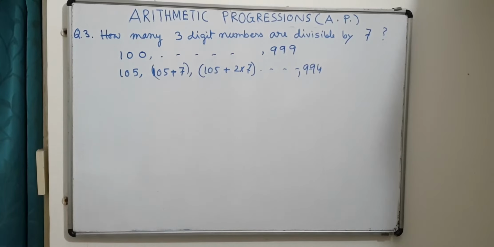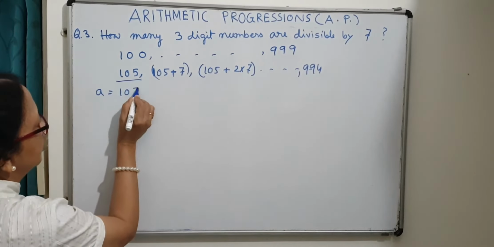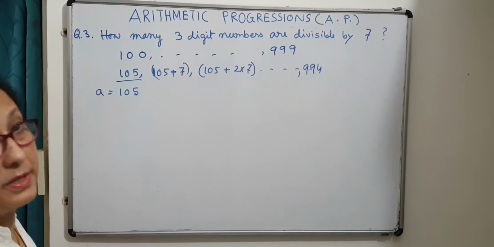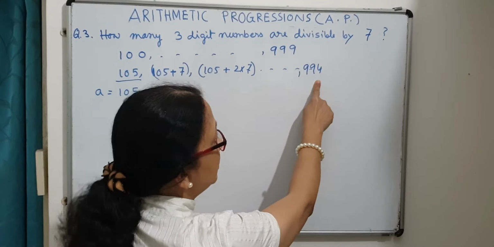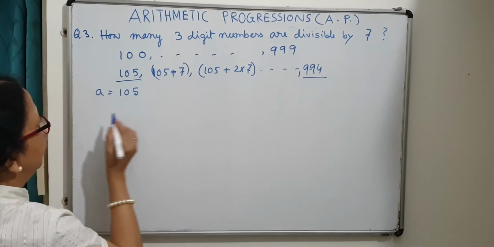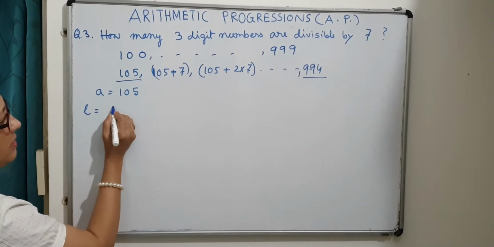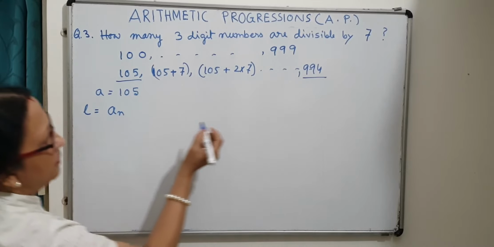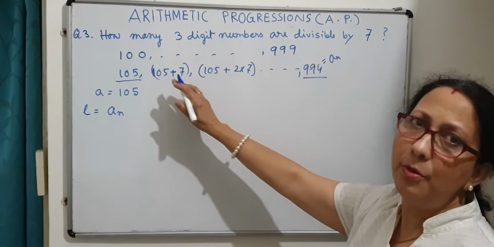So now we know the first number, that is our A. The first 3-digit number which is divisible by 7 is this, and the last 3-digit number which is divisible by 7 is 994. Sometimes the last number we write as L, or sometimes we write it as AN, that is, the nth term, because I don't know how many numbers are there.